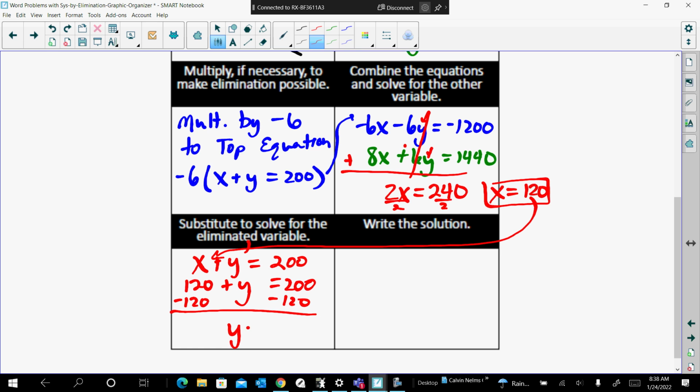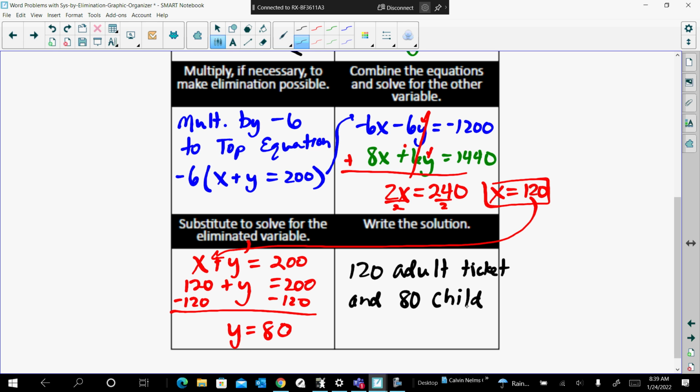Yeah, y equals 80, which is the number of child tickets. Okay. So our solution, we had 120 adult tickets and 80 child. Okay.